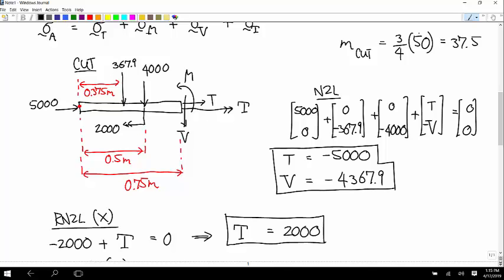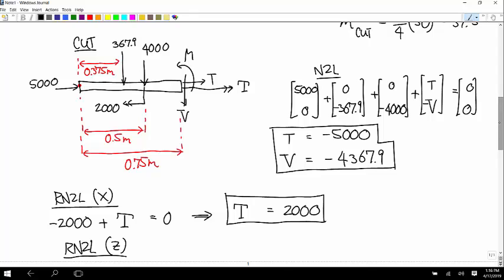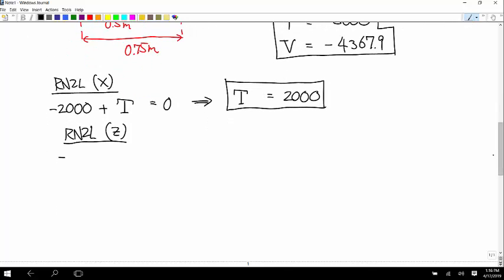So we have 367.9 times 0.375, and that's a clockwise moment, so negative. 0.375 times 367.9 is the total moment, which is 137.96.